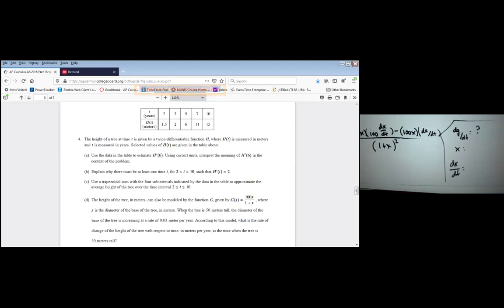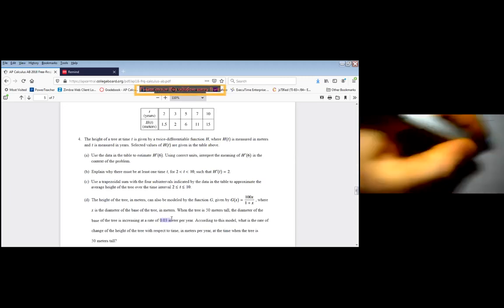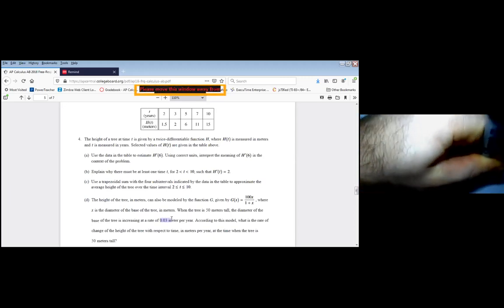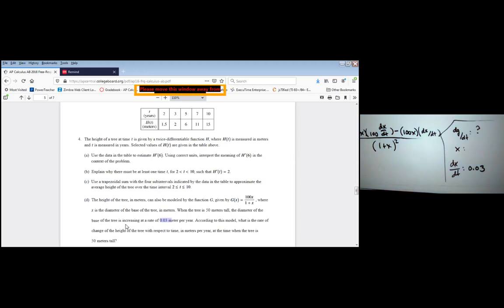So what do they tell me? When the tree is 50 meters tall, the diameter of the base of the tree is increasing at 0.03. That's the dx dt. dx dt is 0.03. Now when the tree is 50 meters, we got to go figure out x. They don't tell you x.